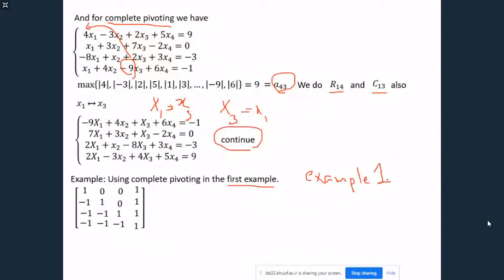Because it's very special, we want to do complete pivoting. We calculate the absolute maximum of the absolute entries. It was 1, 0, 1, 1, 1, and 0. That is 1.